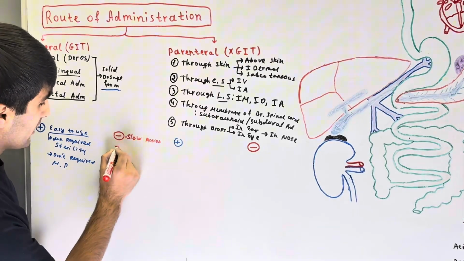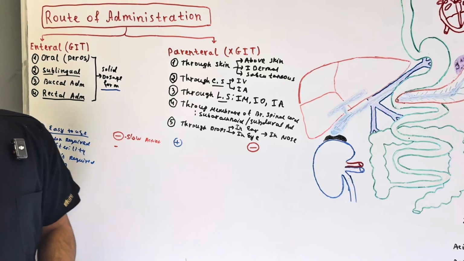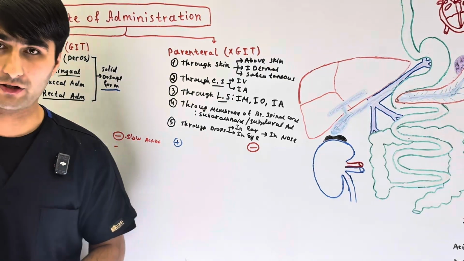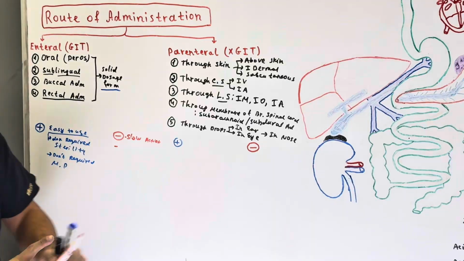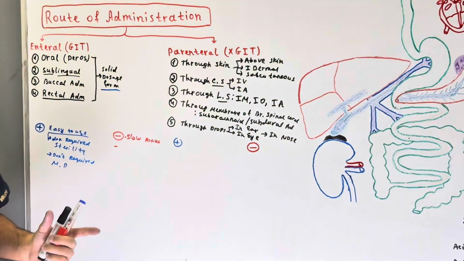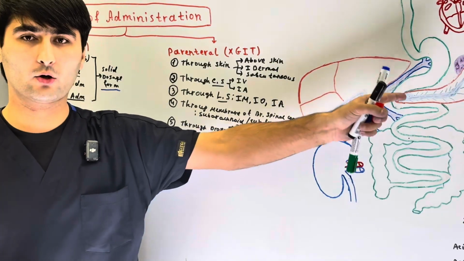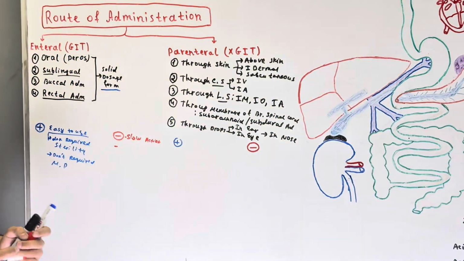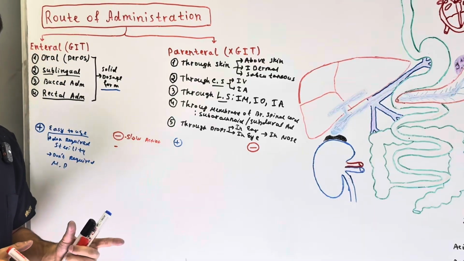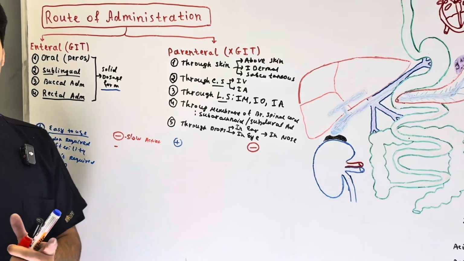Also, there are some drugs which cannot be taken through the GIT, through enteral administration. Why? Because, as we know, in the GIT there is an acidic medium. Some drugs are not resistant to the hydrochloric acid of the stomach. For example, penicillin G, the natural type of penicillin, or insulin, cannot be taken through the GIT.